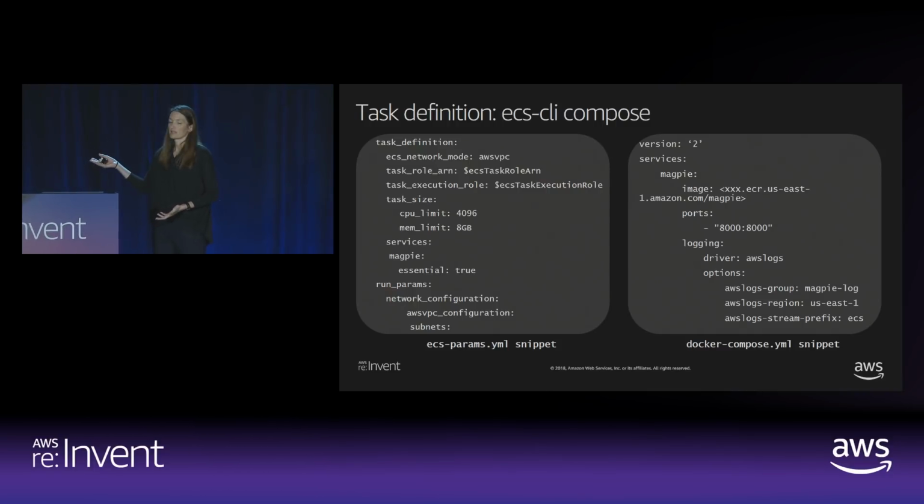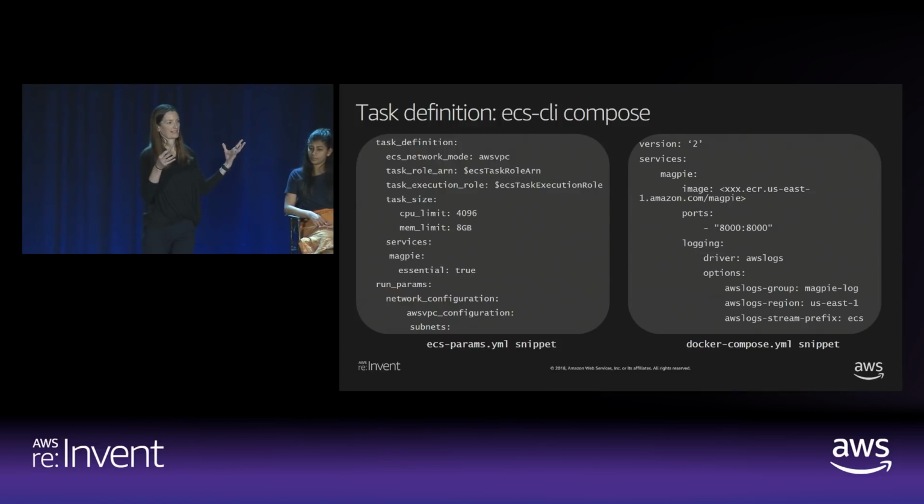You can run from these two files using a different command. We use ECS CLI compose create, but you can use compose up or compose start, and then you would go to the console and you'll see your task actually running. But if you use compose create, you'll just see that task definition there, but nothing running.